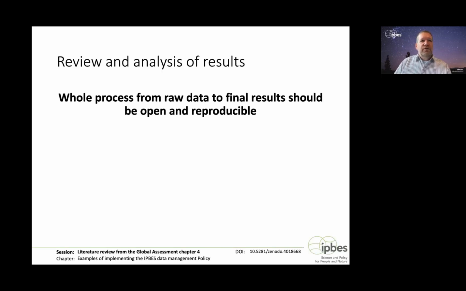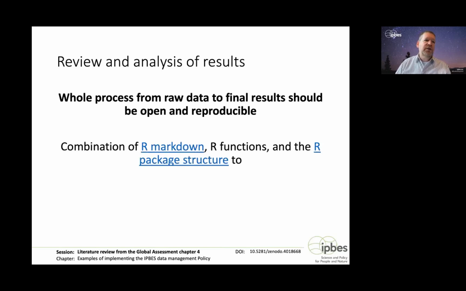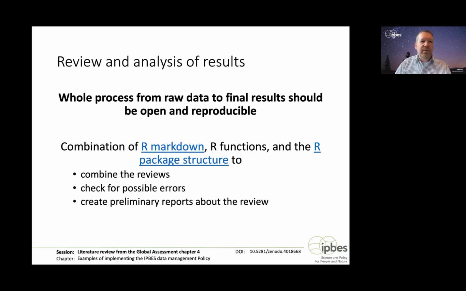The whole process from raw data to final results should be open and reproducible. That's in contrast to the first step of the selection of the bibliography. To make this possible, we've used the combination of R Markdown, R functions, and the R package structure to combine the reviews, to check for possible errors, to create preliminary reports about the review, to conduct an analysis, and finally, to produce final graphs.